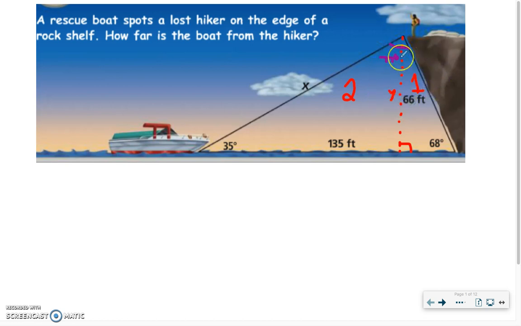So using what we've done back in chapter 5 in the beginning of it and what you've done so far in geometry, we know that the smaller the angle, the smaller the side. Bigger the angle, bigger the side. And then we know that each degree measure has a set ratio that matches up to it.